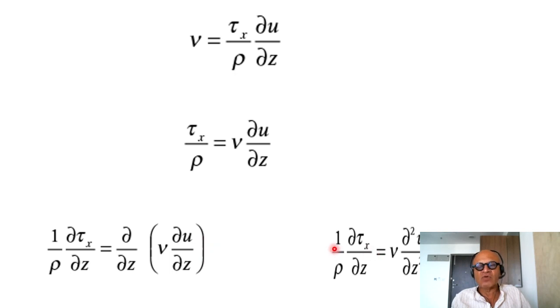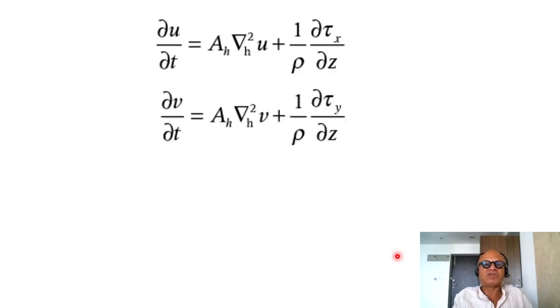Then 1 over rho del tau x del z, assuming nu is basically constant, we can write as nu del squared u del z squared. Molecular viscosity is not going to be very efficient in penetrating the momentum, so we're going to write it instead as eddy viscosity, as we did before.